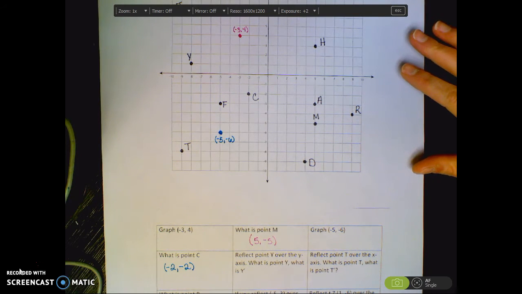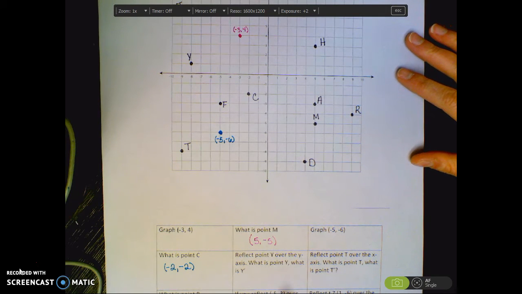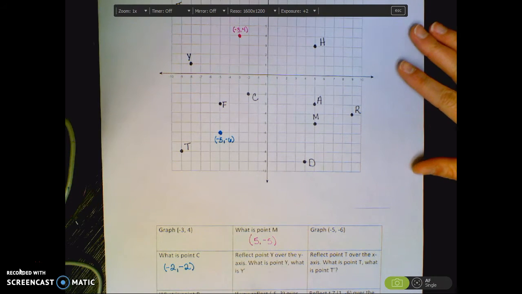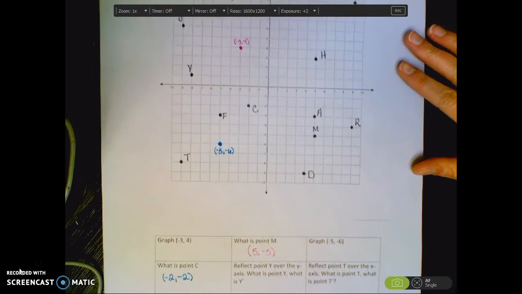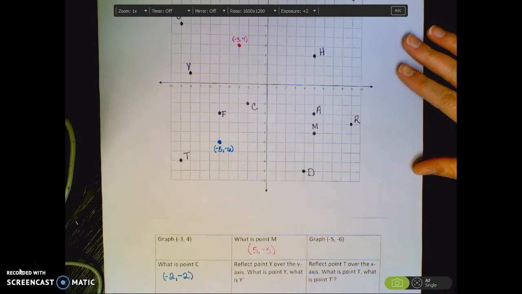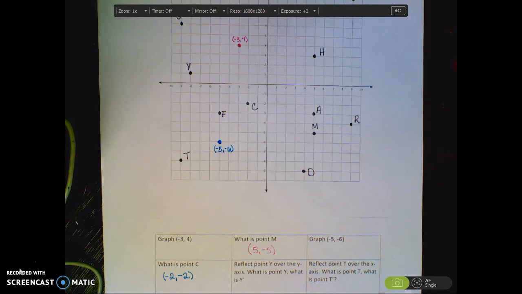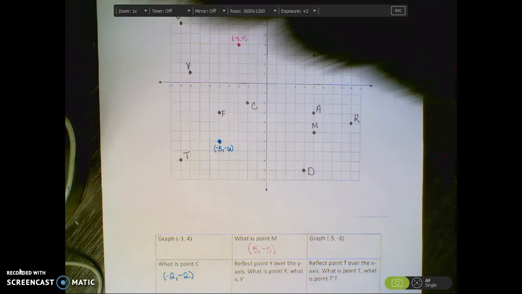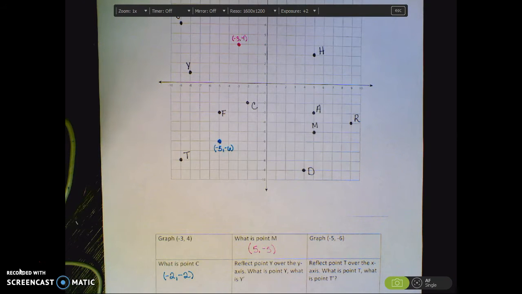The next one says reflect point Y over the y-axis. So now we need to talk about reflections. When it says reflect over the y-axis or over the x-axis, it might be helpful to have 2 different colored markers.